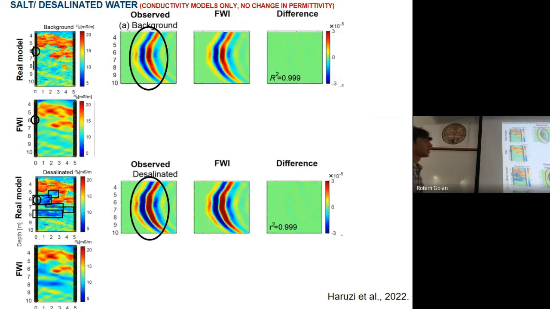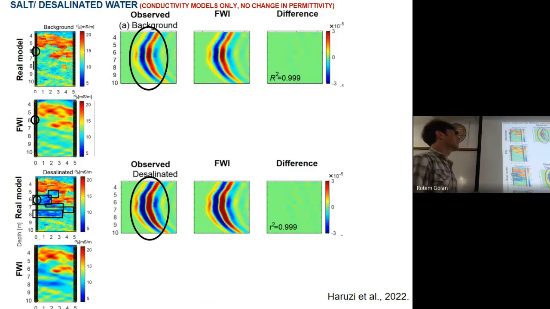And now we see the electrical conductivity full waveform inversion results, and we can see that the structure is generally recovered, and also for the deionized water.